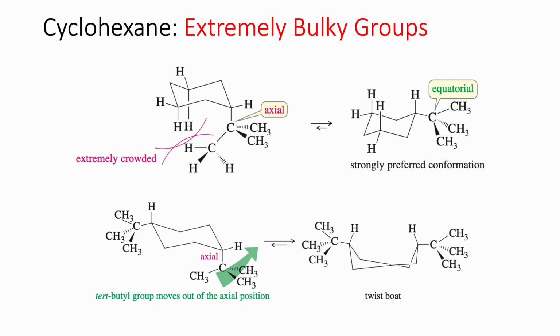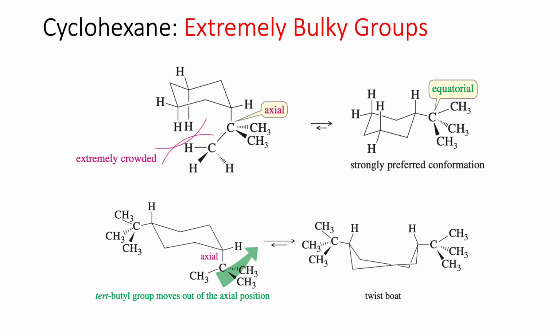So the tert-butyl group cannot really be axial, or rather I should say the energy difference between equatorial and axial is so great when we have a T-butyl group that the amount of conformation that has a T-butyl group axial is incredibly minuscule.